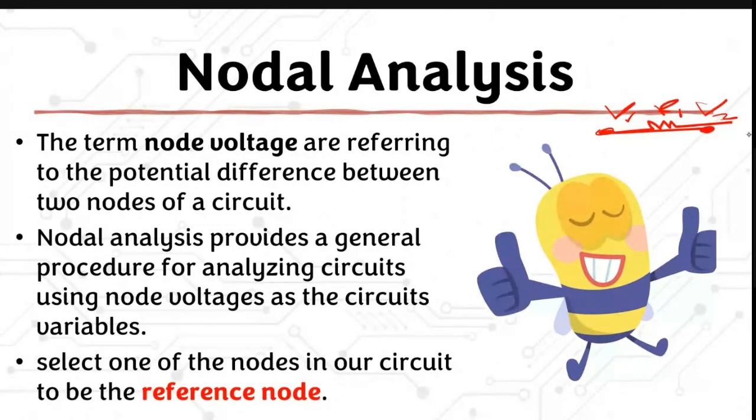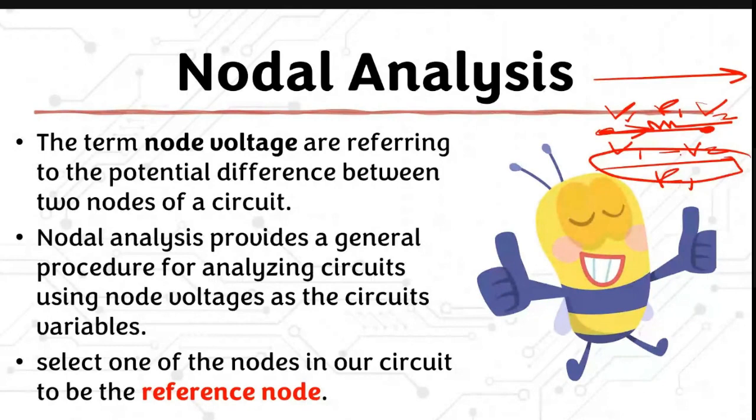The potential difference between the two nodes follows the direction of the current. Let's say your current direction is this way, so you have V1 minus V2 over R1. So this is your node voltage.